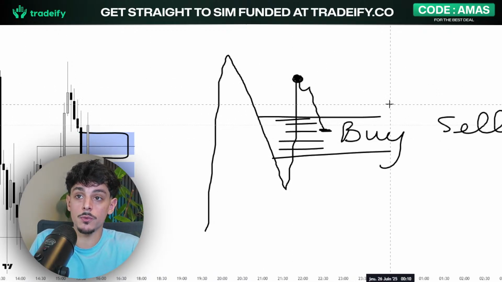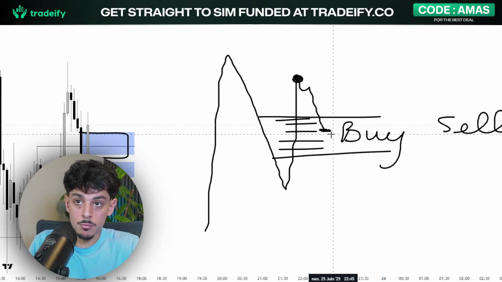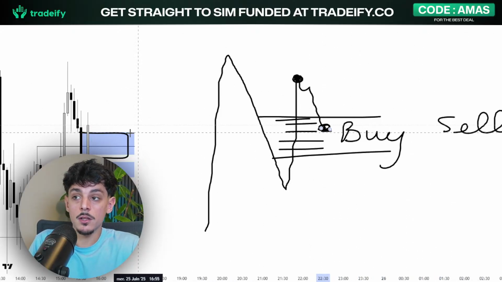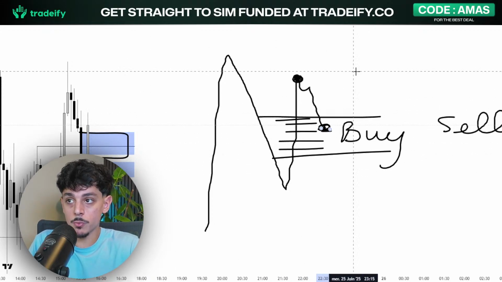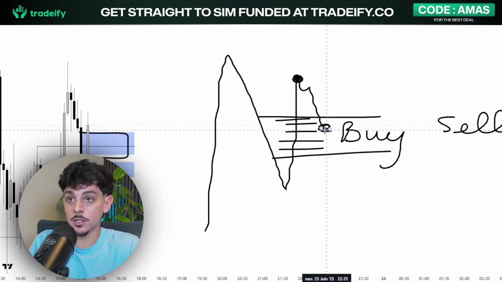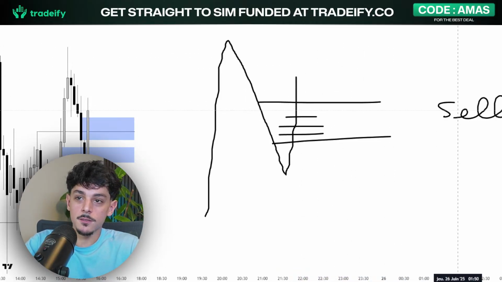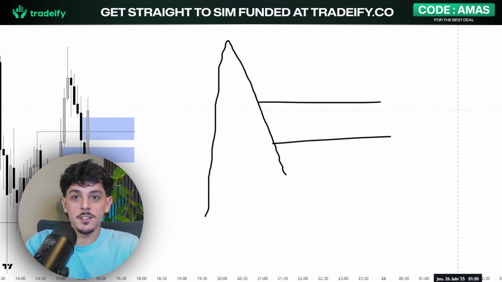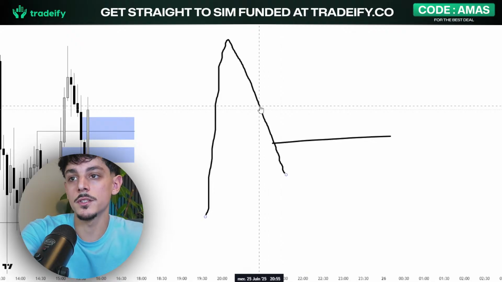If they sold in the first place, they need to click on buy to get out of the position. So then boom, everyone will be clicking on buy. The buyers right here that pushed the price to the upside, plus the sellers clicking on buy, so price is going to rip to the upside. That's the background story and the market auction theory behind what a gap is.